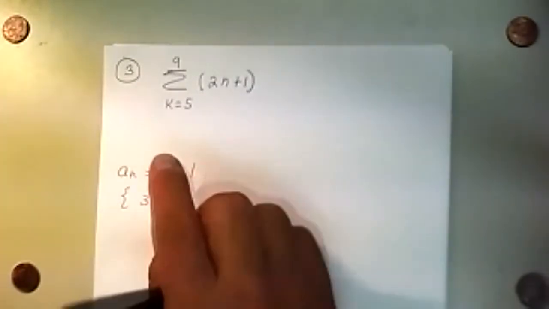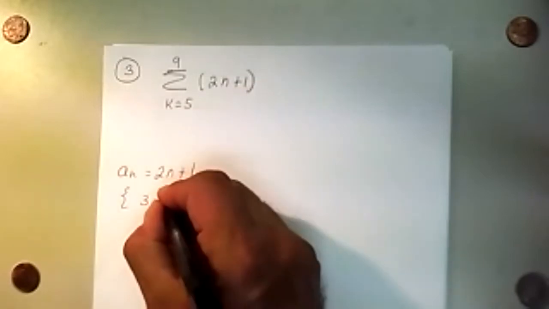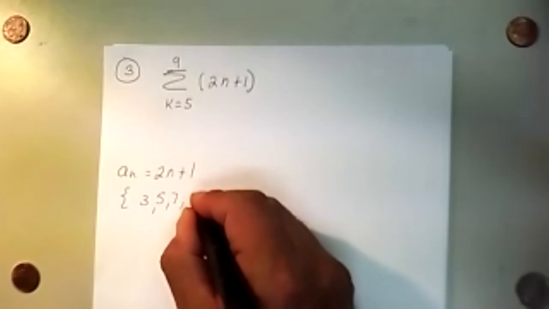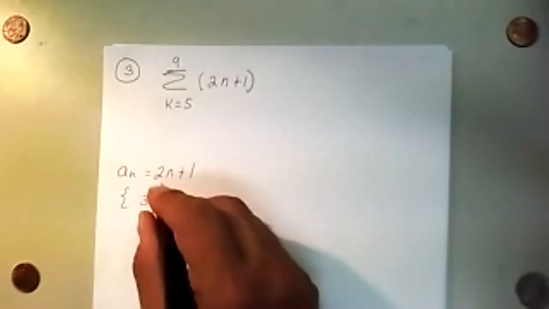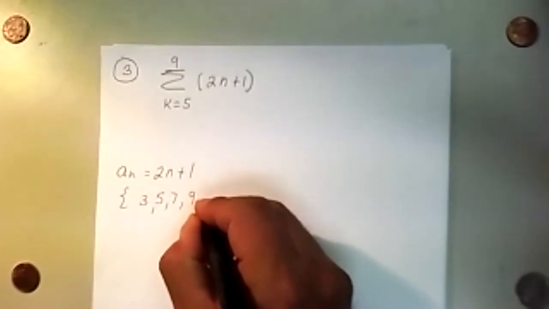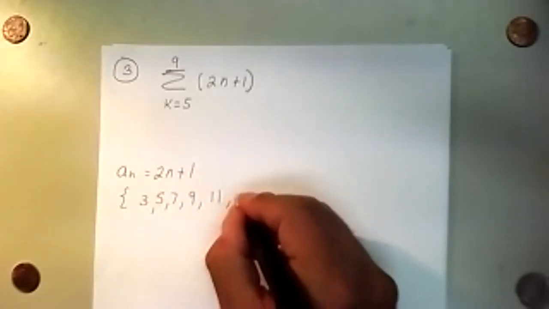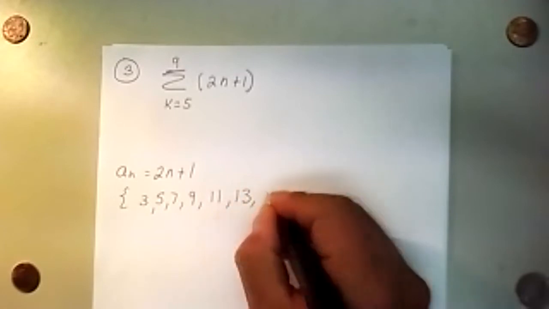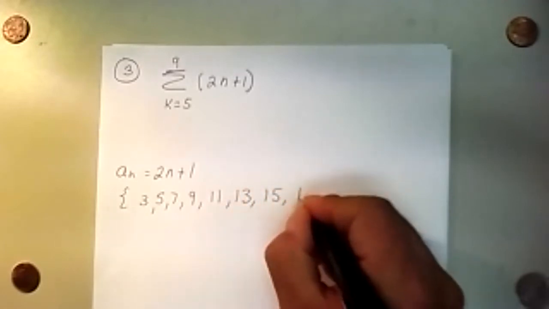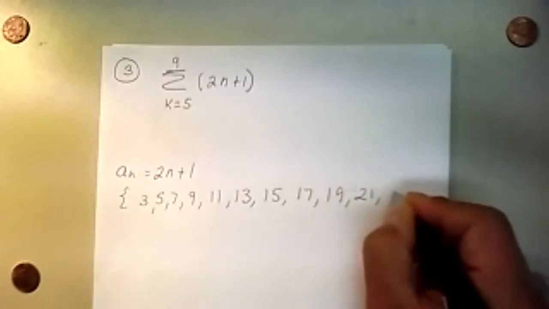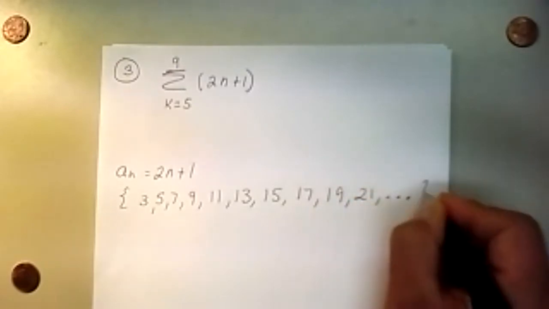And then when n equals 2, 5. When n equals 3, 7. Well, when n equals 4, 9. When n equals 5, 11, and so forth. 13, 15, 17, 19, 21, well, and so forth.